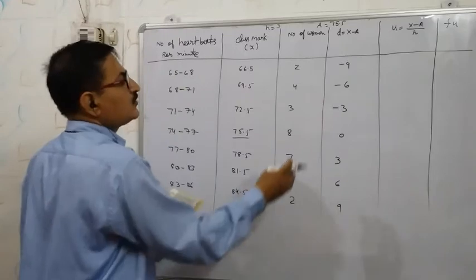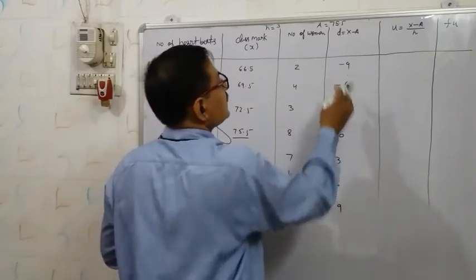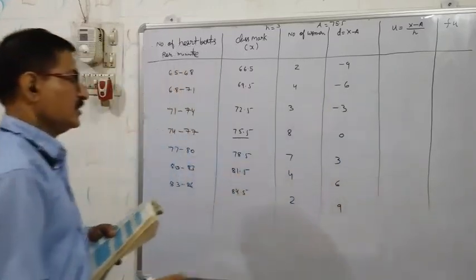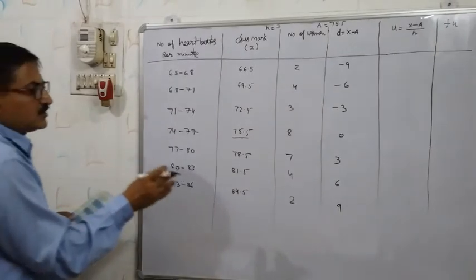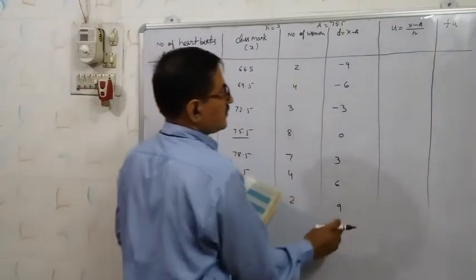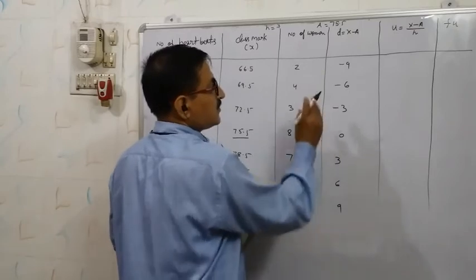If you add all, minus 3 and 6, it comes to 0. Whenever you solve this question, the addition of this column will be 0.